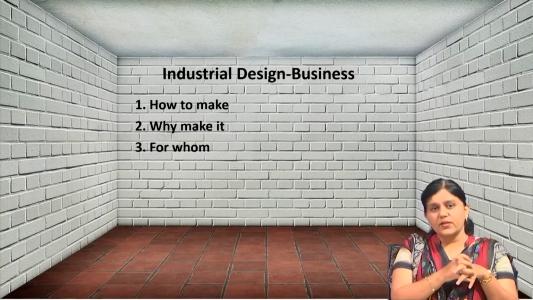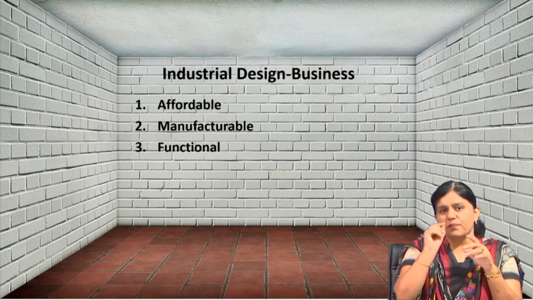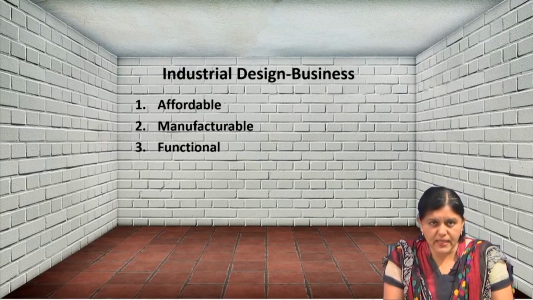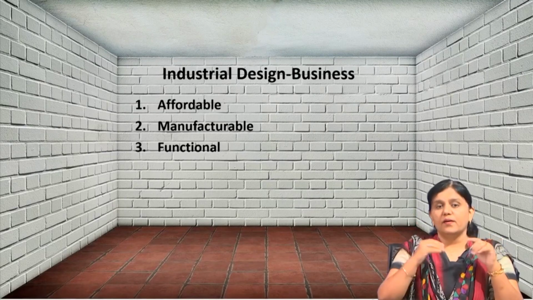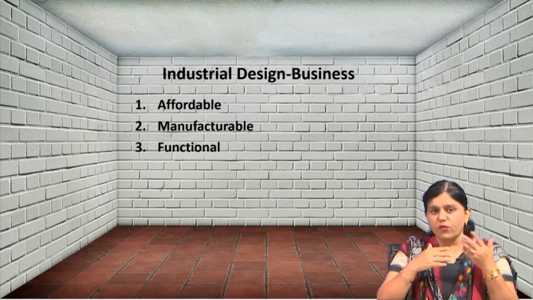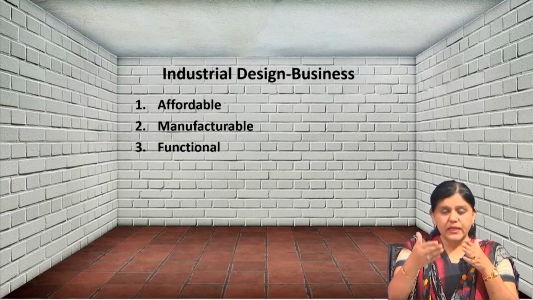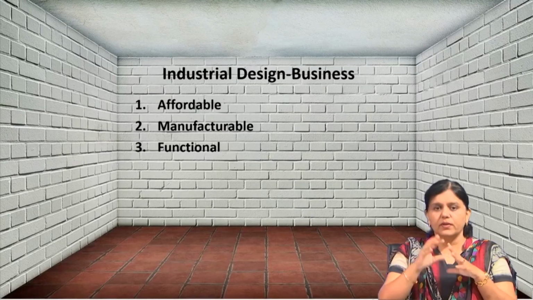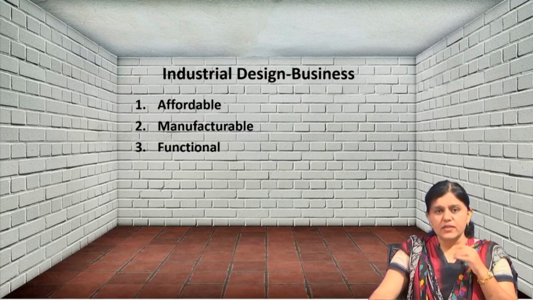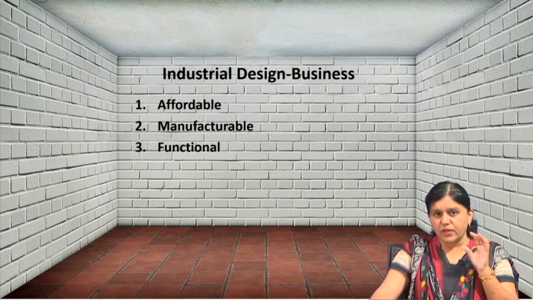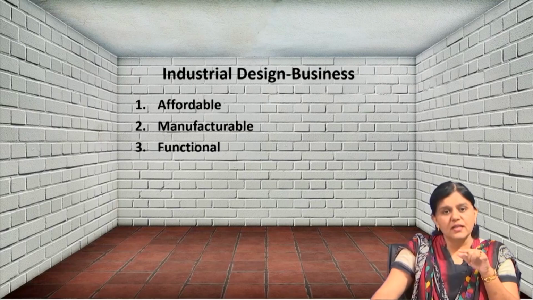Now, moving further, you can see the simple differentiation between product design and industrial design. Generally, product designers look at affordability, manufacturability, or how easily it can be manufactured, and the functional aspect of the product. And obviously, as we have seen, engineers concentrate on industrial applicability.